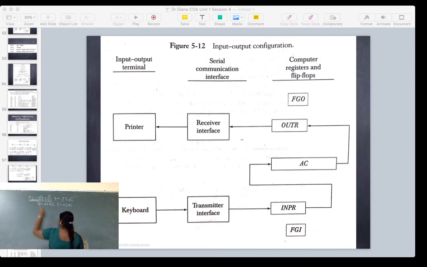Depending on which bit is 1 and which bit is 0, I am going to call that bit Bi. So my instructions are going to start from B11 to B6, depending on whichever bit is high in the instruction register. So I am going to have 6 different instructions under the IO instructions.